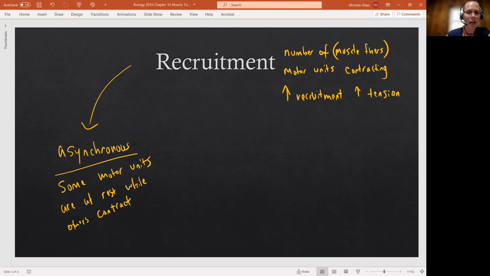So instead of saying, okay, 1, 2, 3, every single muscle fiber contracts, and then they all fatigue and you have to wait, you let group A contract, and as they're relaxing, you let group B contract, and as they're relaxing, you let group C contract, and then they can relax. And so you're able to maintain tension or power in that muscle longer because you're alternating which motor units are being activated.